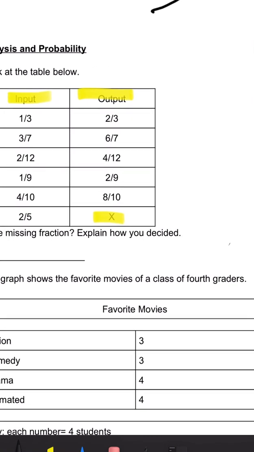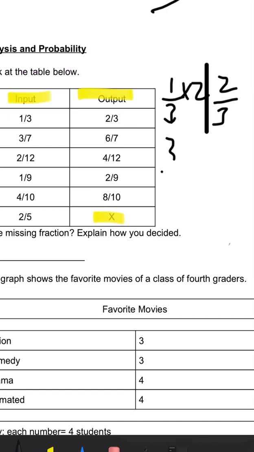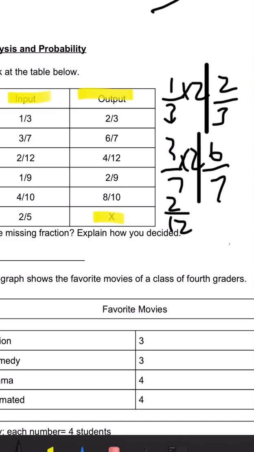We know that our first fraction goes from 1/3 to 2/3, and just by looking at this, I know that if I multiply by 2, we get this answer on the right side. How about 3/7 and 6/7? We can also multiply by 2 to get this value on the right side. And let's check one more, 2/12 and 4/12. We can multiply by 2 to get this value on the right.